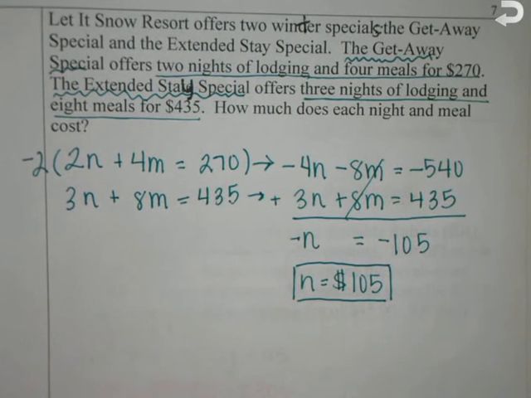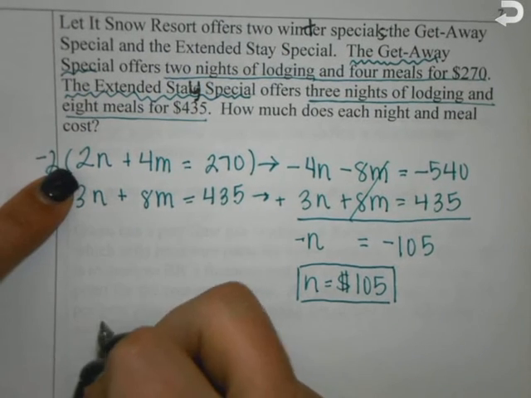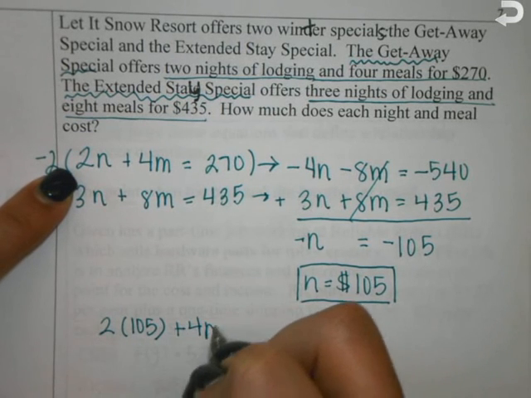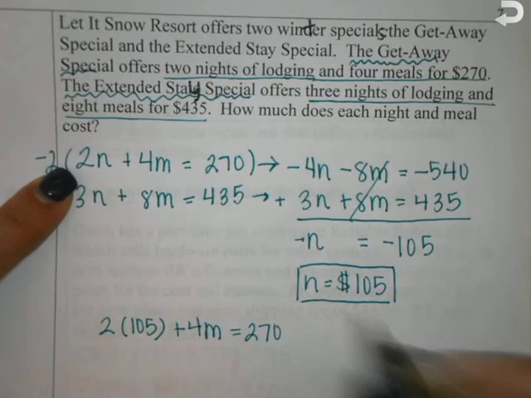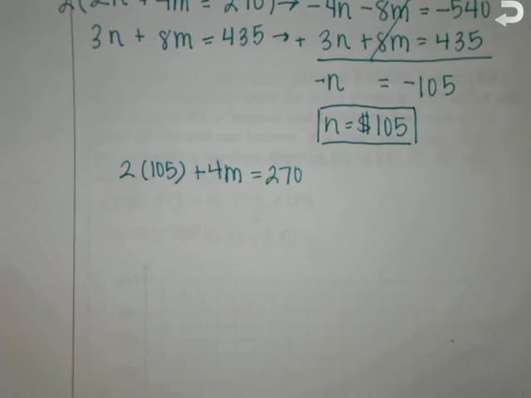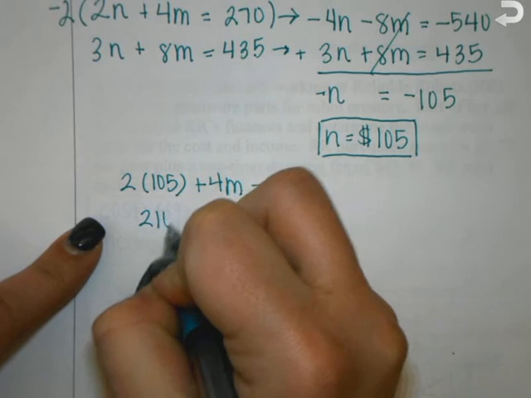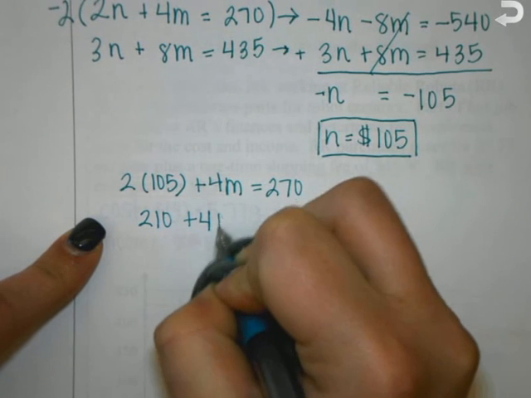But I still need to solve for m. So which equation did you plug n back into? The first one. So this is going to be 2 times 105 plus 4m equals 270. 2 times 105 gives me 210, yes? Okay, plus 4m equals 270.